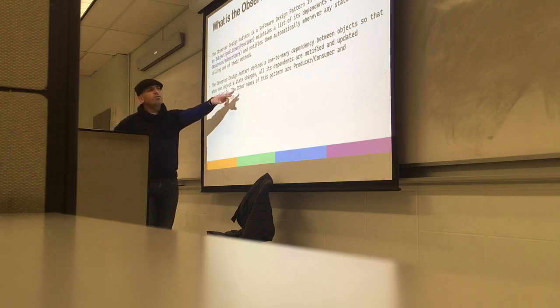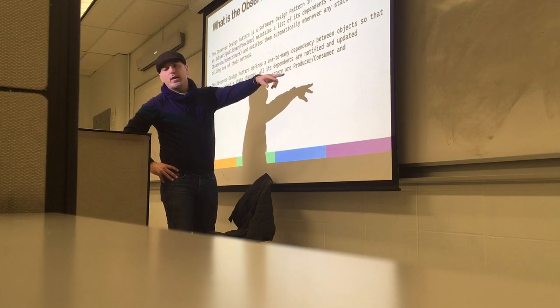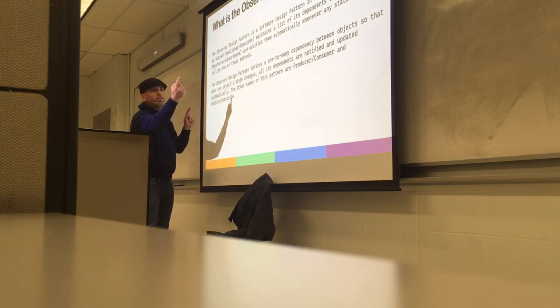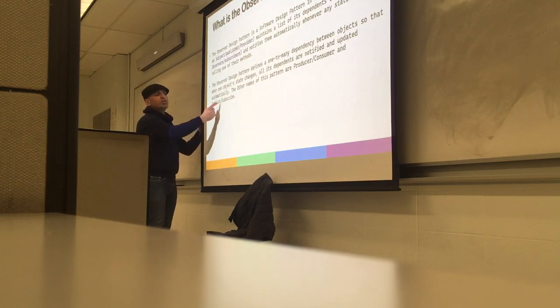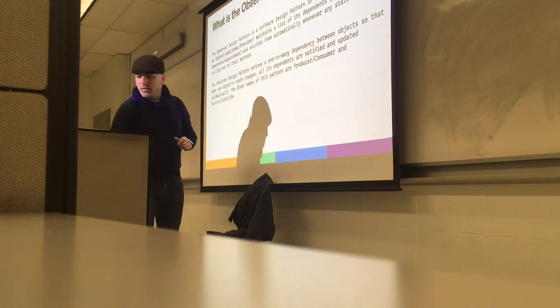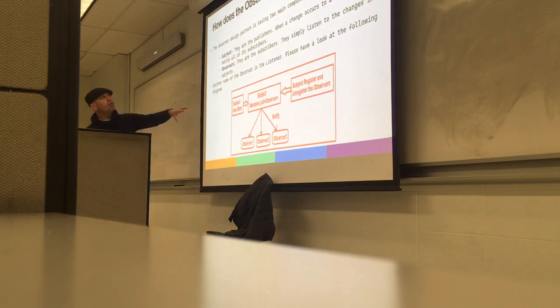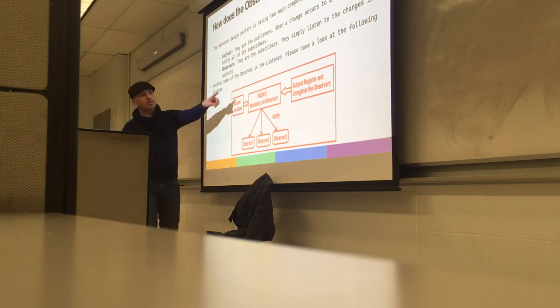The other names of the pattern are producer and consumer. Also, the relationship between producer and consumer, or publisher and subscribers. The observer design pattern has two main components. The first one is the subject.